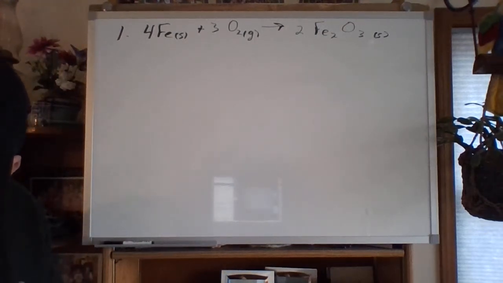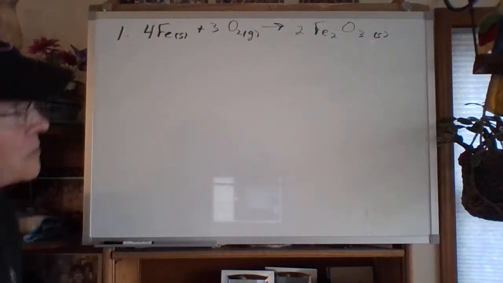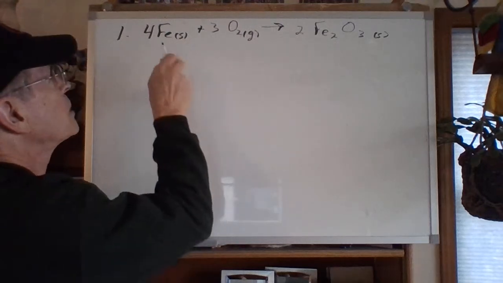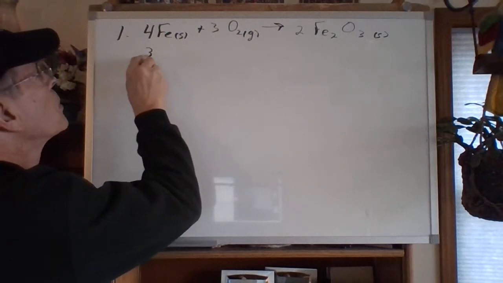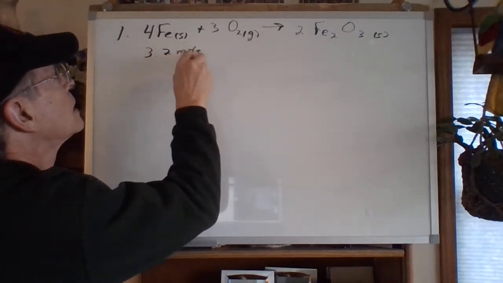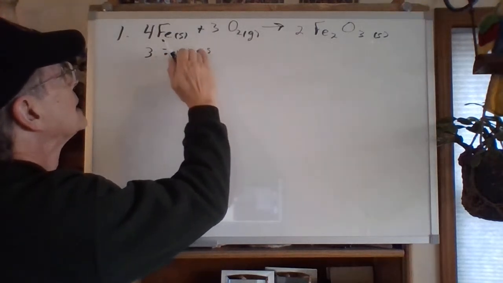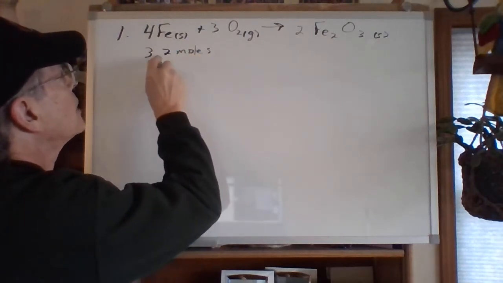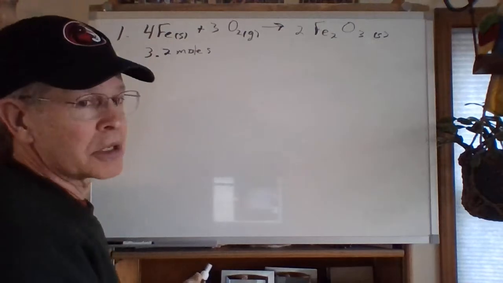is some numbers, calculations: how many moles of rust can be produced from 3.2 moles of iron metal. 3.2 moles there of iron metal, and we want to know how much rust is going to be produced.